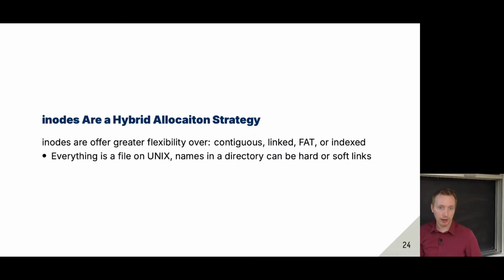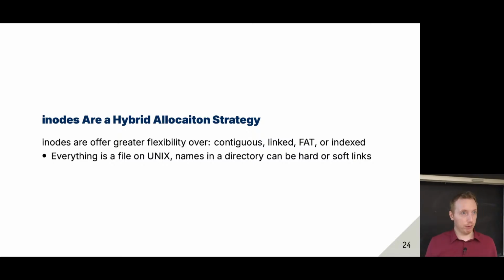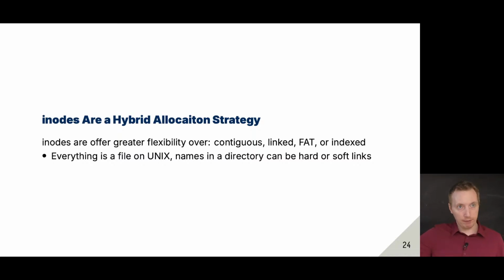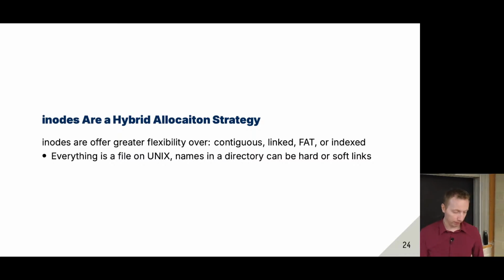So in an inode, the first 12 blocks are direct blocks that are stored on the inode, and then there's one single indirect block, so that points to a block of pointers, and then those pointers point to actual blocks, and then there's double, so it points to a block of pointers, which points to a block of pointers, which points to a block, and then it got up to triple, and then we figured that was good enough. That is big enough to support all the files we currently need.